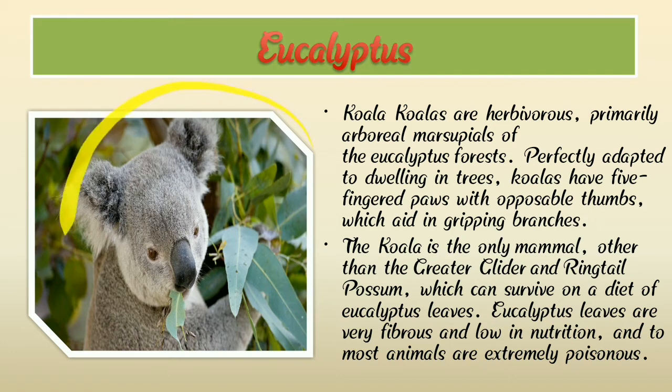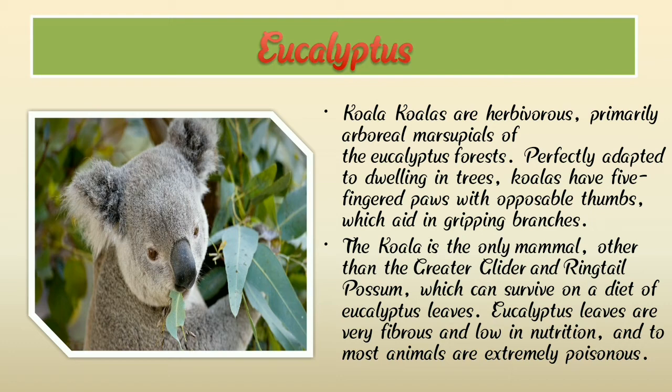Here we can see a photograph of eucalyptus, and koalas are perfectly adapted to traveling in the trees. Koalas have a five-fingered paw with opposable thumbs which aid in gripping branches.